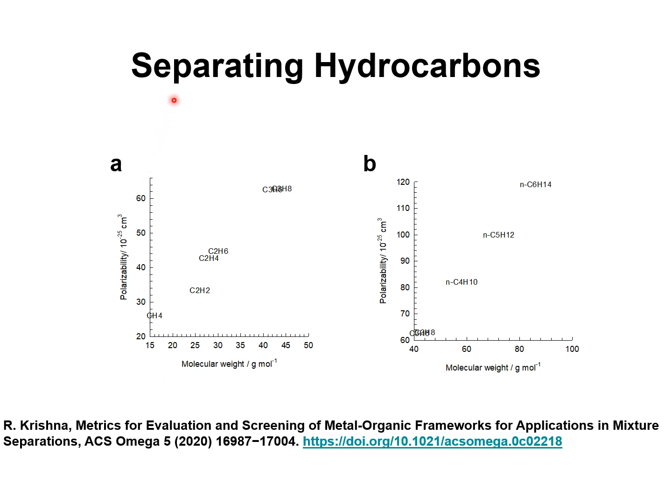The separation of hydrocarbons such as methane, ethane, propane, normal alkanes are also based on the differences in the polarizabilities that are related to the molar masses of the adsorbates.